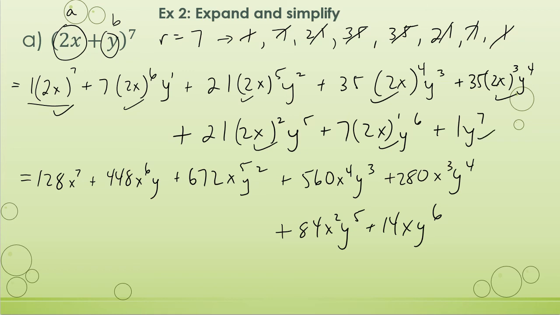And lastly, we have just y to the power of 7. So that was definitely a page full, a mouthful, and a calculator full. But as long as you stay organized and go step by step and go slow when you do this on your own, at least the first few times you do it, it's not too bad, hopefully.